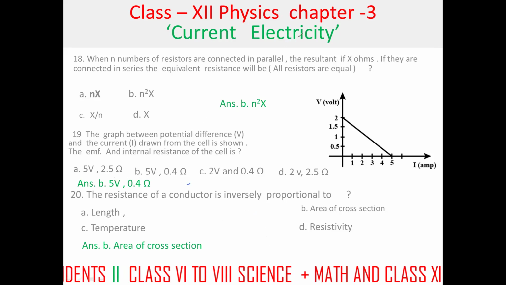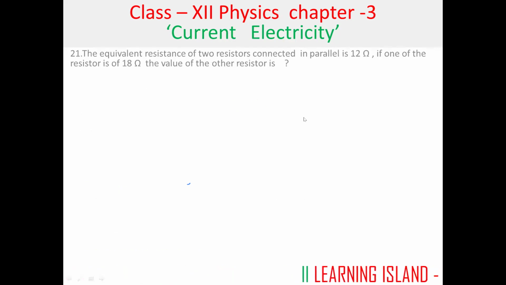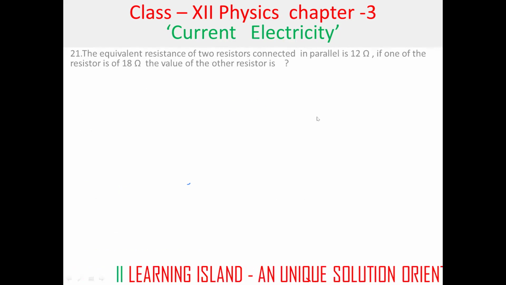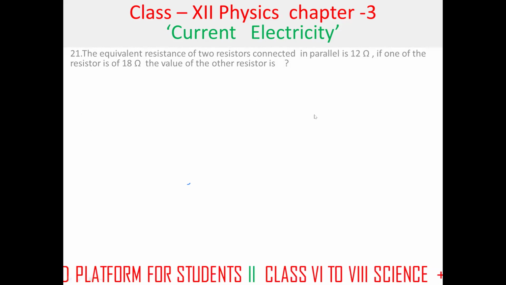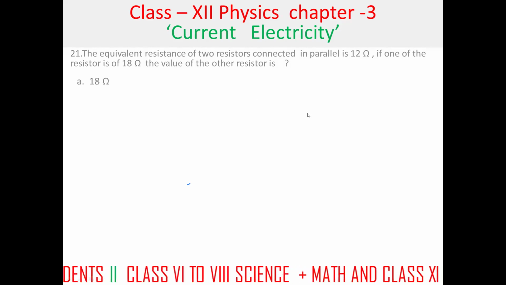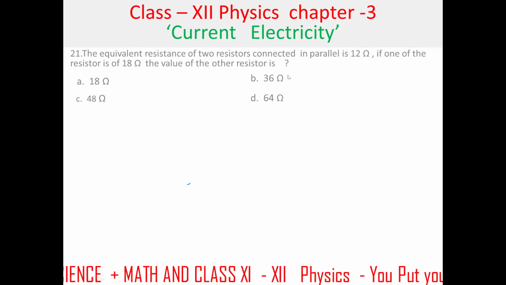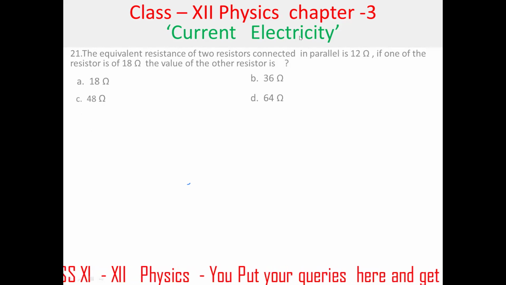Let us go to the next question. The equivalent resistance of two resistors connected in parallel is 12 ohm. If one of the resistors is 18 ohm, the value of the other is. This is also a very easy question. Still, I am showing you.